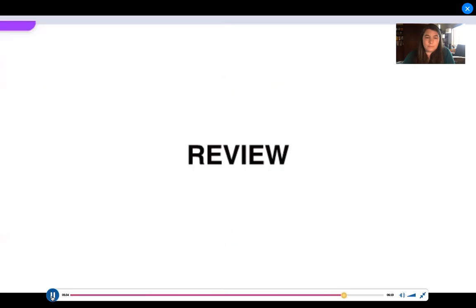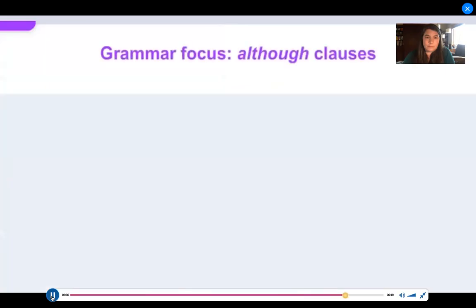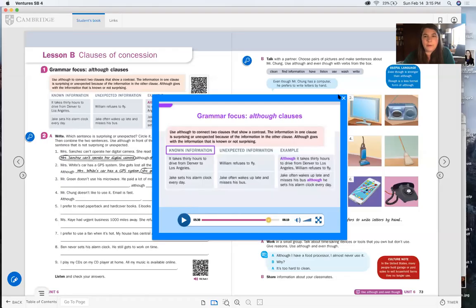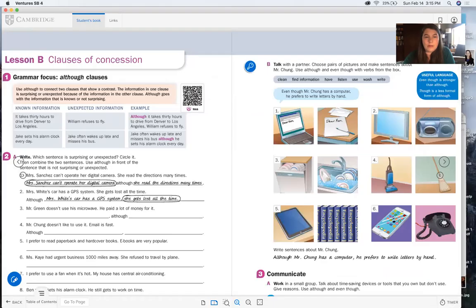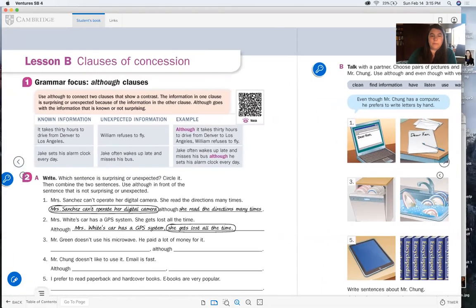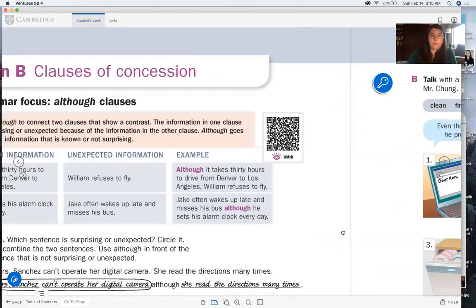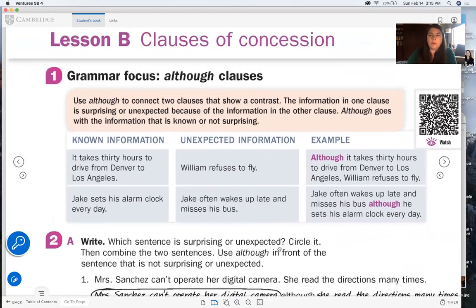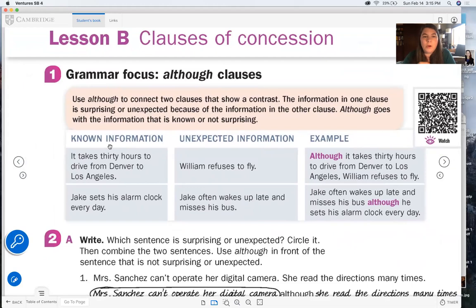Let's review. Known information. Okay, I'm going to do this with you here. We can see it better. And I don't want them to make another mistake. Here we go. I hope you can see this well. So known information or not surprising information, right?